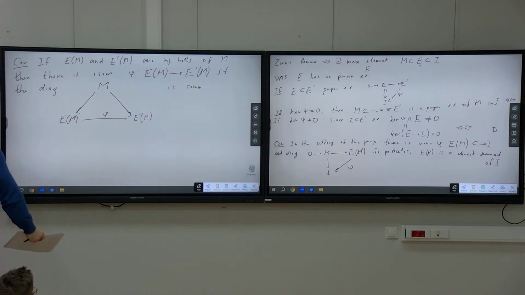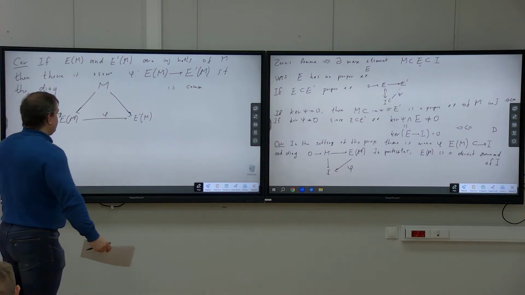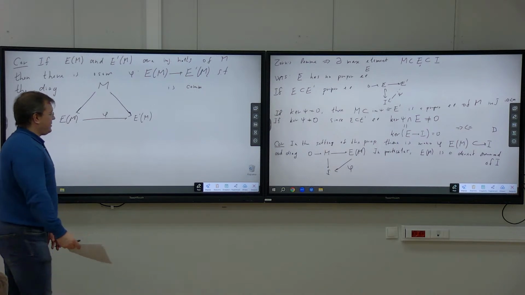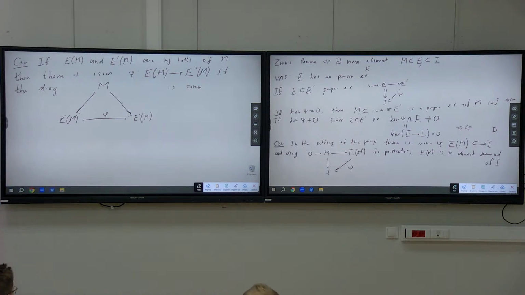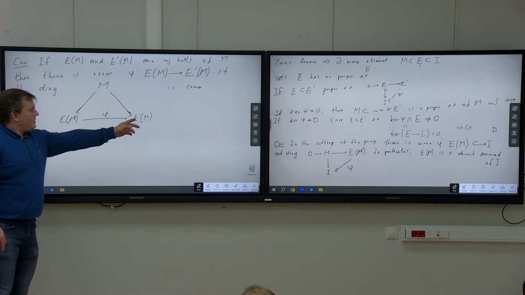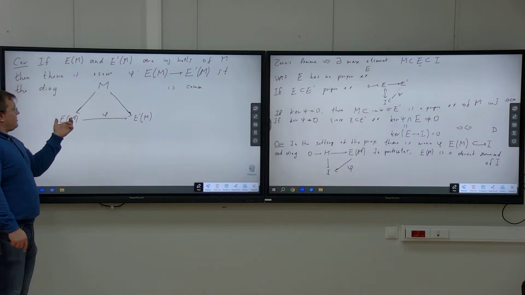Now I want to say that the proof is clear by what we know. Basically, first of all, M is embedded into an injective module, right?